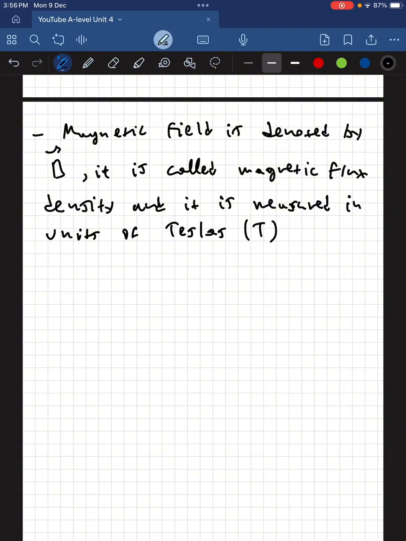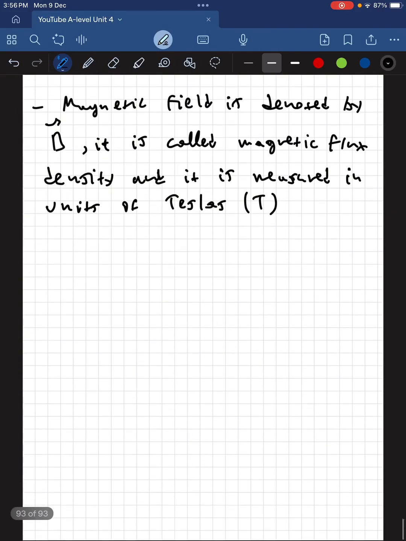So capital T is the SI unit. And I know it's not related to the cars. It's actually related to Nikola Tesla, a Serbian physicist from also about, I think, more than 100 years ago.